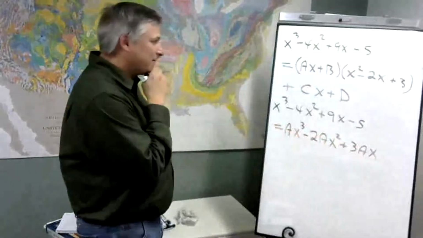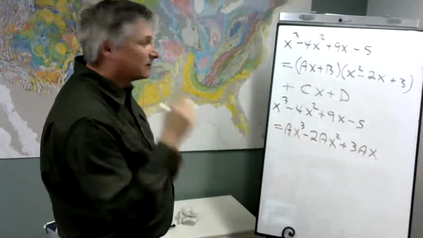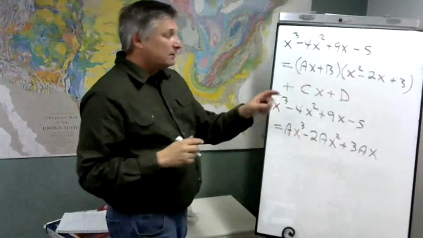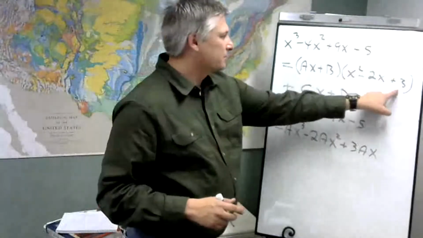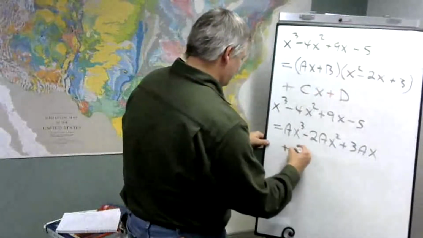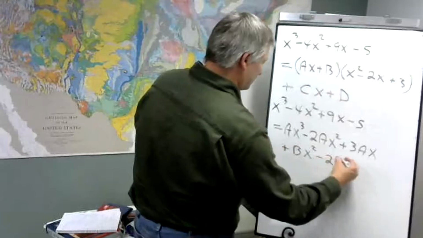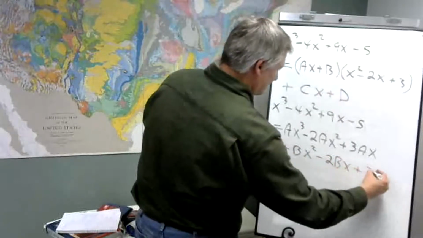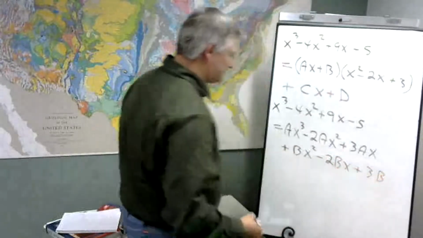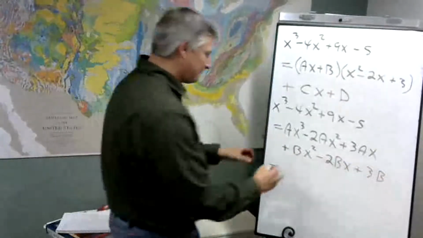Check my multiplication here. Looks okay. All right, so far so good. Now we multiply each of these terms by the b. And now we gather like terms.